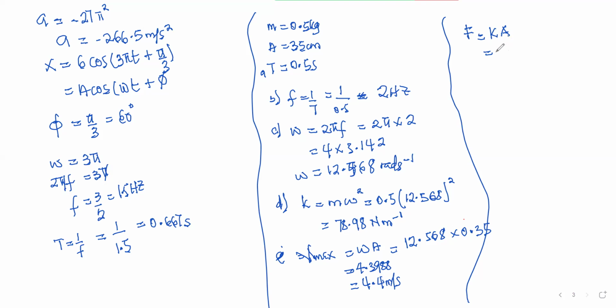So K is 78.98 times an amplitude which is 0.35.